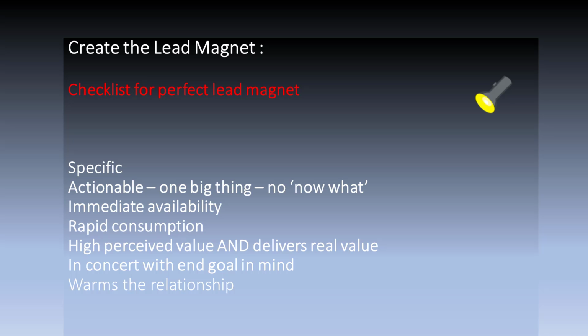And always be aware that the purpose of the lead magnet is to impress that person who has subscribed, and it warms the relationship between the audience and yourself, such that over time they will be prepared to purchase from you on the basis of the trust that you have created there.